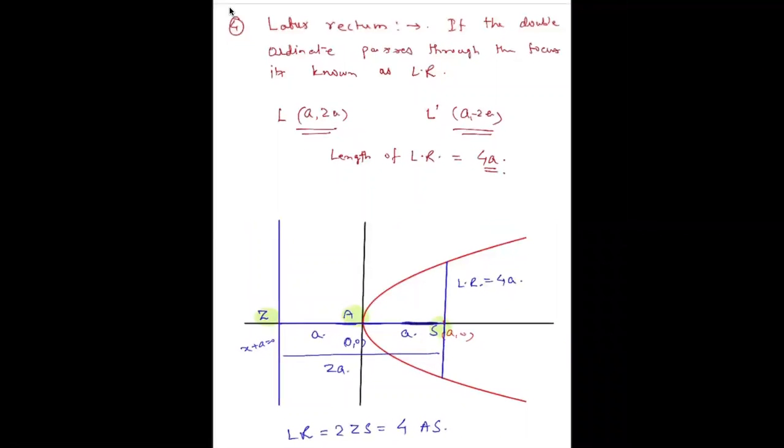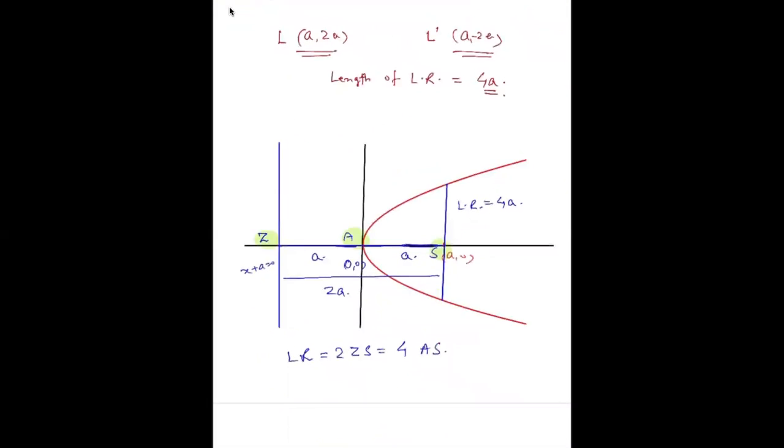Latus rectum is a double ordinate. Double ordinate means a line perpendicular to the axis of the parabola that intersects the parabola at 2 points. If this double ordinate passes through the focus, then it is known as latus rectum. And you have to remember the relation between directrix, focus, vertex, and latus rectum.